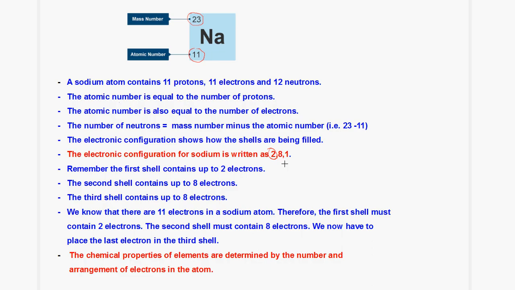In the second shell we can hold a maximum of 8 electrons, so it should be 8 for the second number, and this will give us 2 plus 8, which is 10. But remember, we have 11 electrons, so we still need to put 1 electron in the outer shell. So therefore the electronic configuration for sodium can be written as 2,8,1.